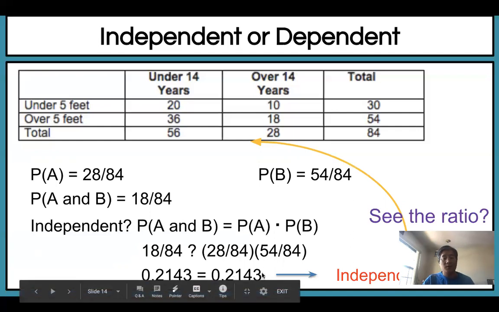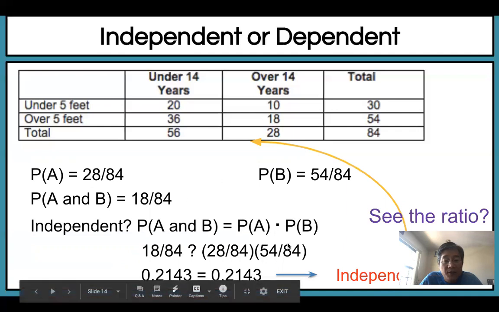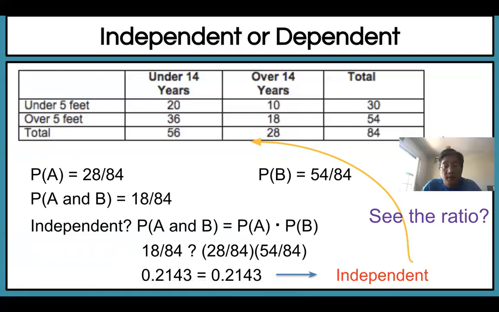Oh, they are equal. Then how do you make a conclusion? Yes, these two events A and B are independent, right?